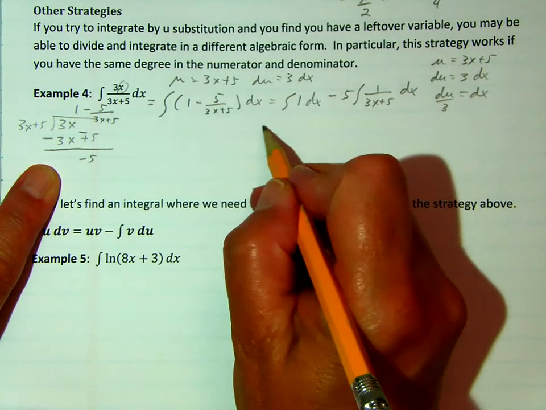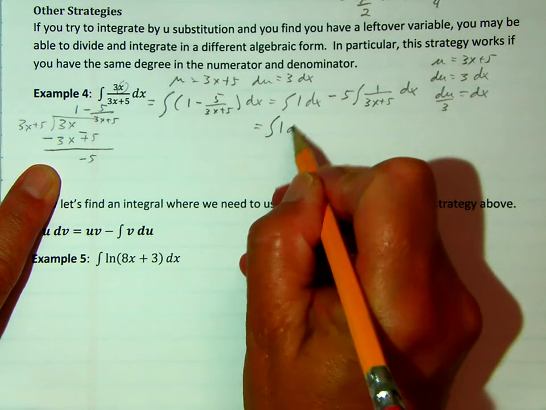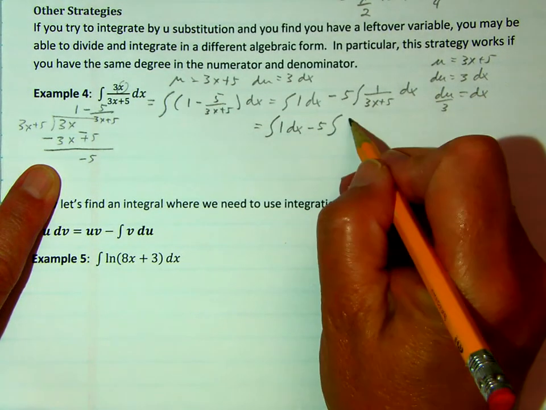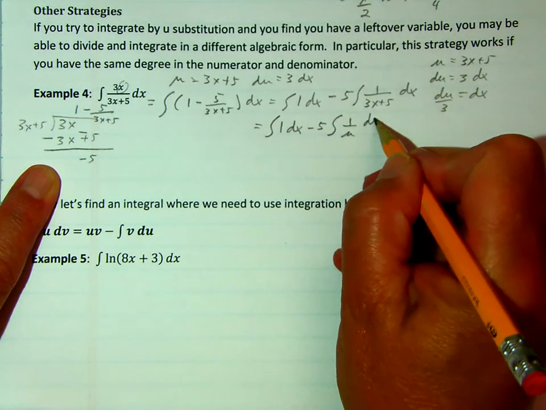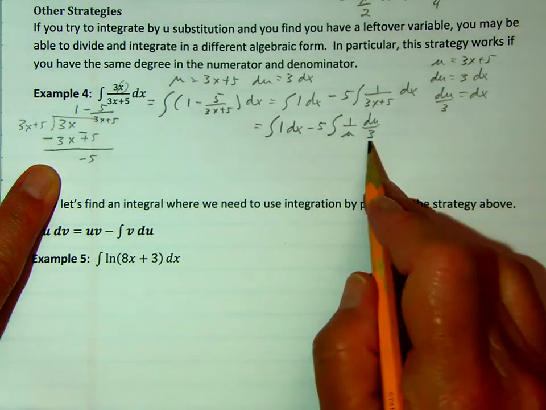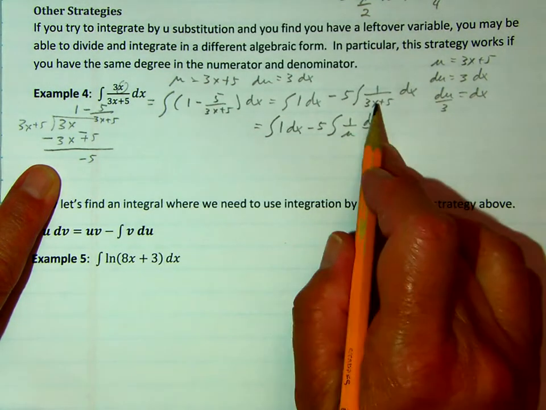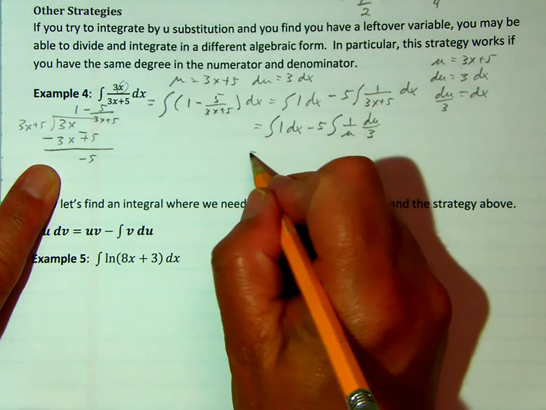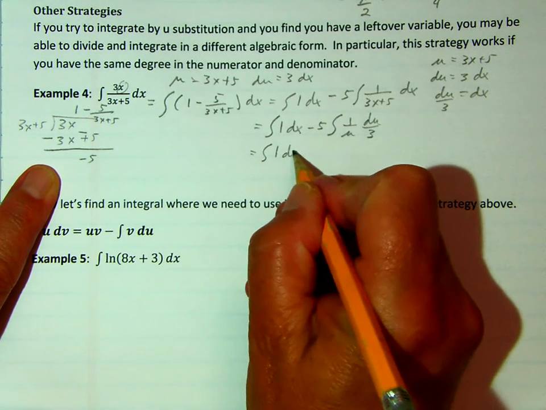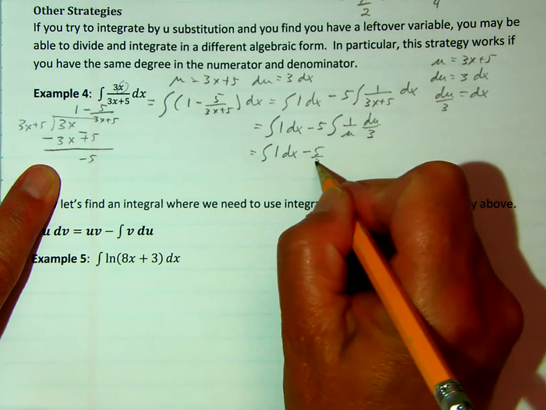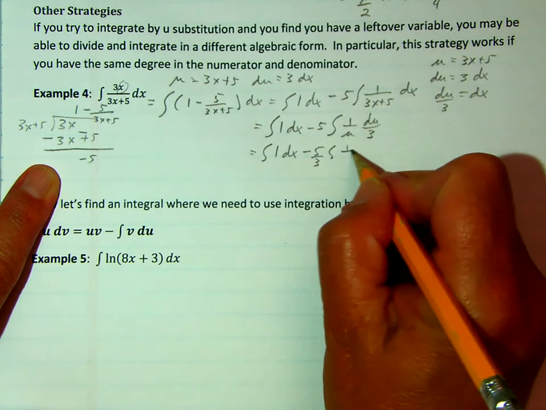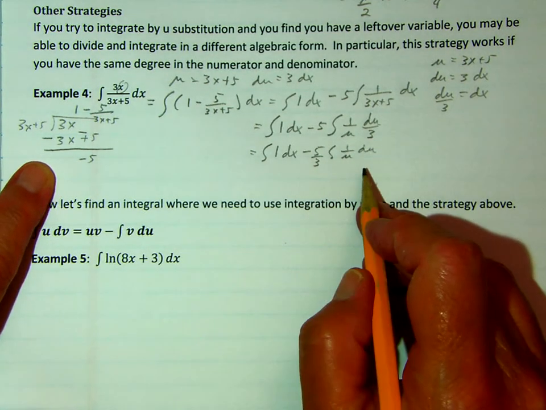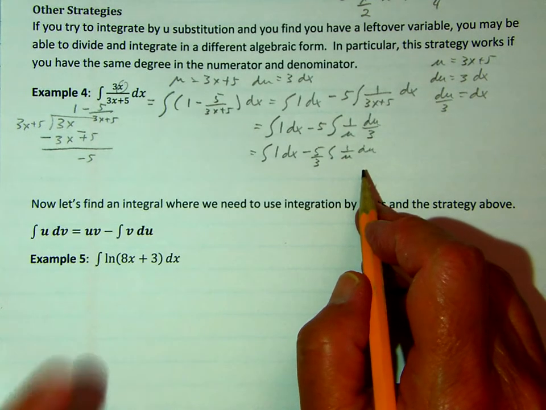And let's just leave this part alone for a minute. So I can put the u substitution here, and now I want to pull out this constant. So this would be the same as the integral of 1 dx minus 5 thirds, the integral of 1 over u du. And now I have something that I can easily integrate.